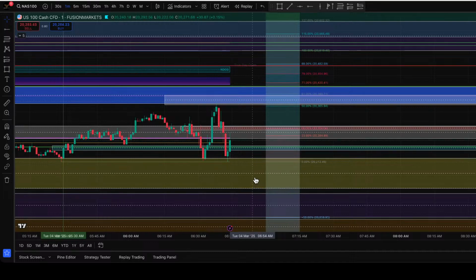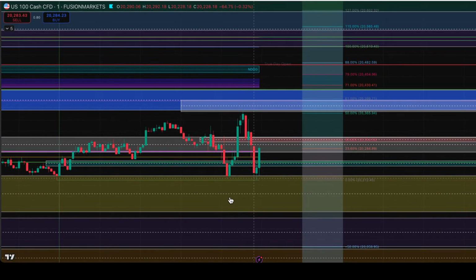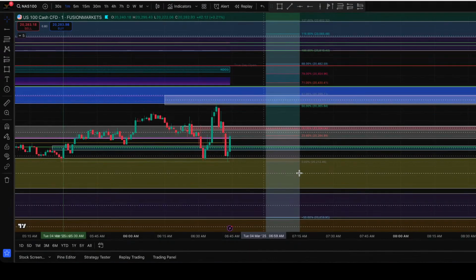Let's see if we actually swept it. No, we did not sweep it. There's no fair value gaps here for it to tap.